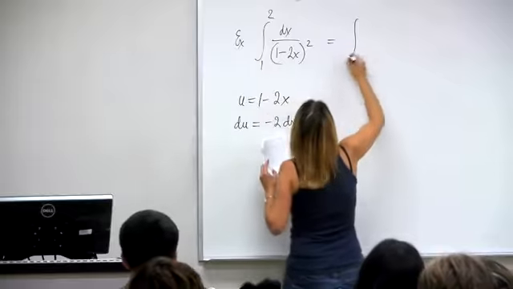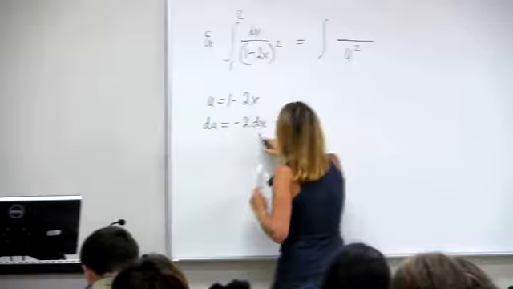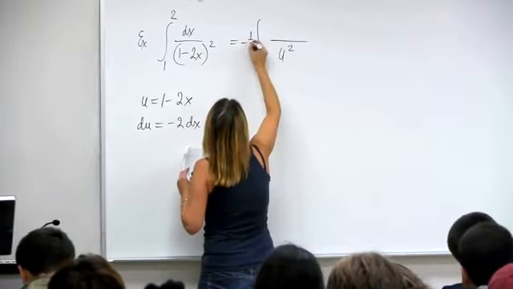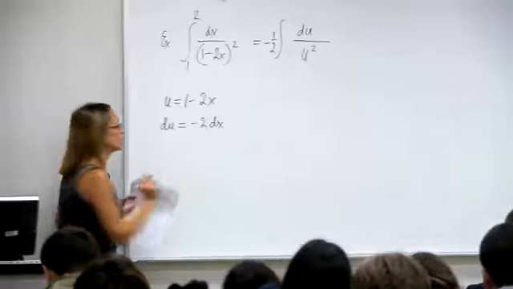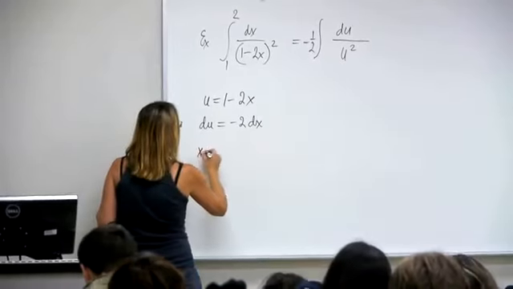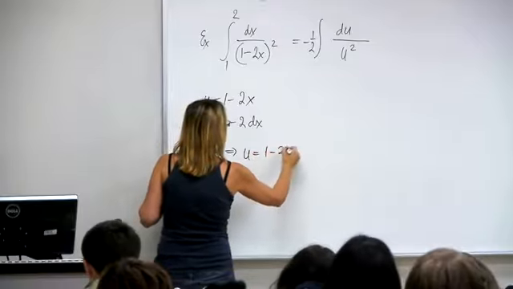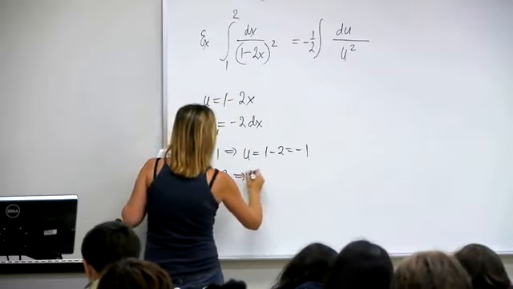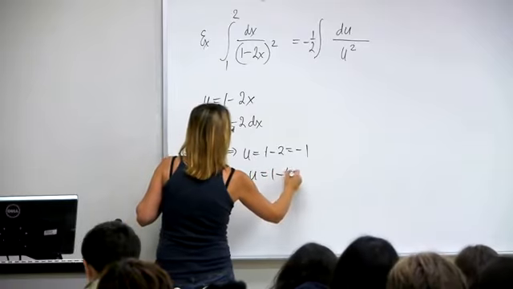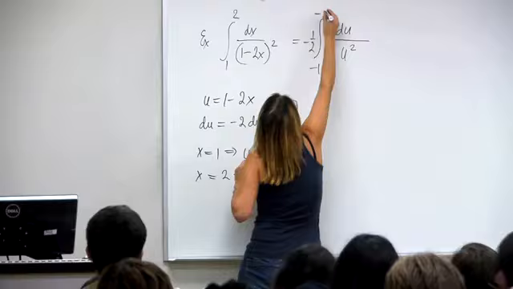So without the limits, I have u squared here, and dx is minus 1/2 du. Now I'm going to worry about the limits. When x equals 1, u is 1 minus 2, which is minus 1, and when x equals 2, u is 1 minus 4, which is minus 3. So I go from minus 1 to minus 3.